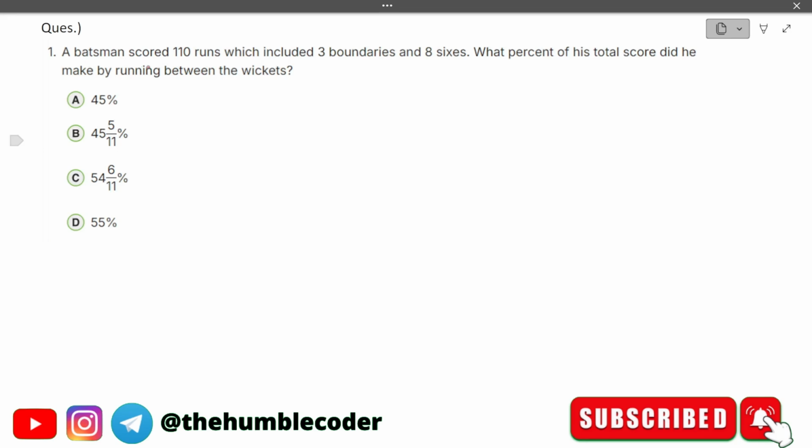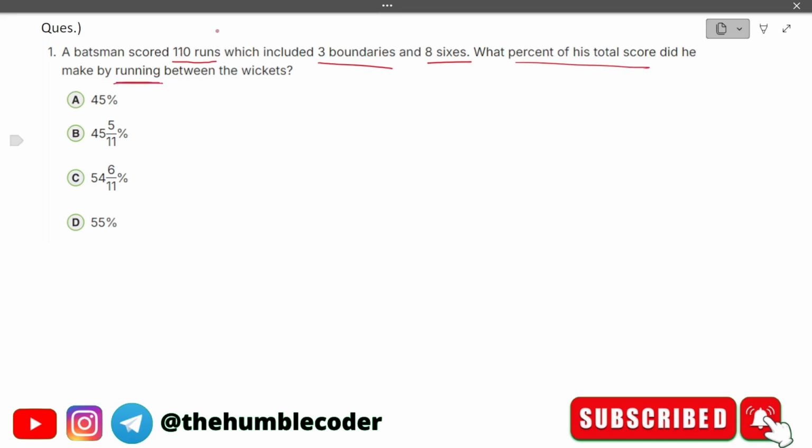First of all, if you notice, we are given a score, which is 110 runs, but this score also includes the runs made by 3 boundaries and 8 sixes. So let's first of all filter the data, because we need to find out the percentage of the total score that he made just by running, and not the others.